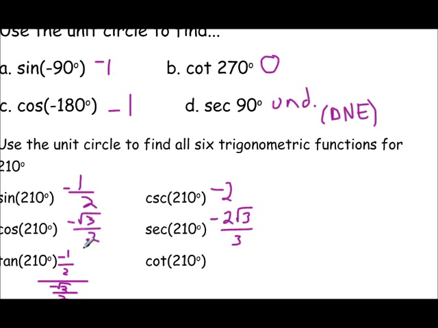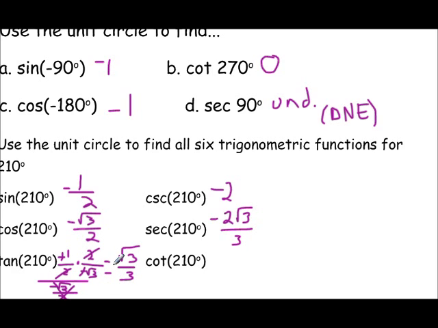Dividing by a fraction is the same as multiplying by the reciprocal, so I can change this into times 2 over negative square root 3. The 2's now can cancel out, and the negatives can cancel out. We get 1 over the square root of 3. That's got the radical on the bottom, which we don't like. So it's square root of 3 over 3.